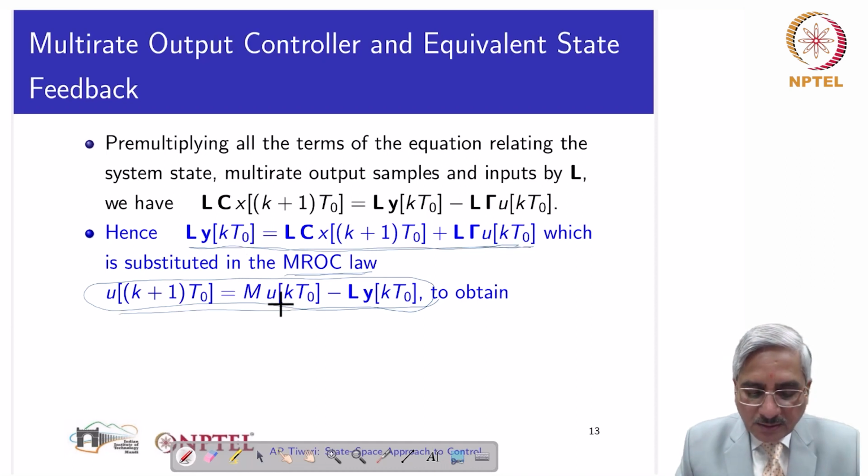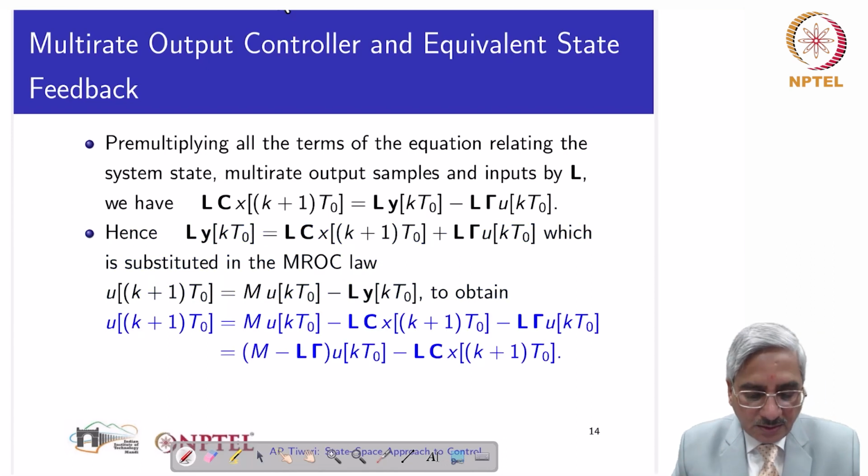So for y(k) T0 here we substitute this one. So it becomes M u(k) T0 was there, and this L y(k) T0 is LC x(k+1) T0 and LΓ u(k) T0. And now we bring the terms of u(k) T0 together. So it will become M minus LΓ, bold L into bold Γ, and this one is here.